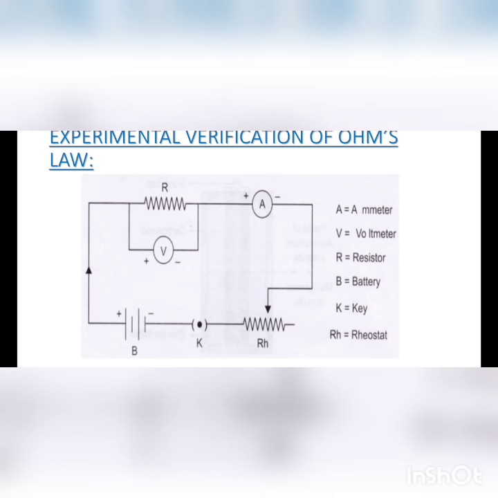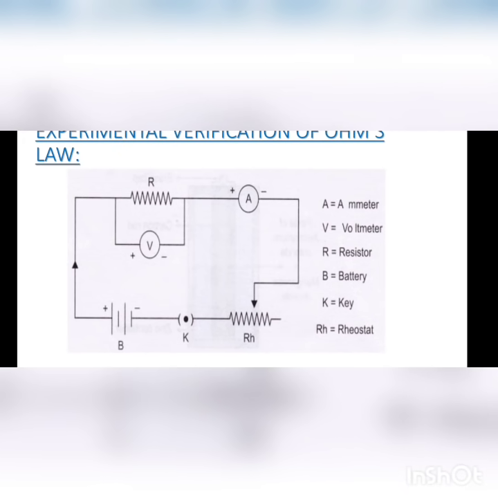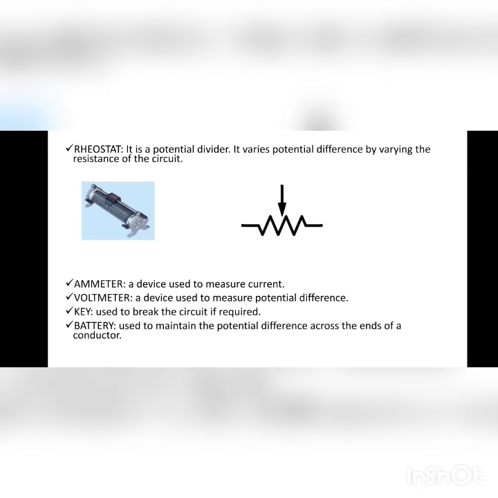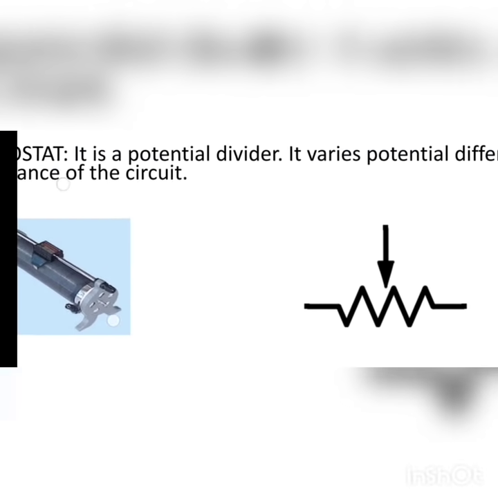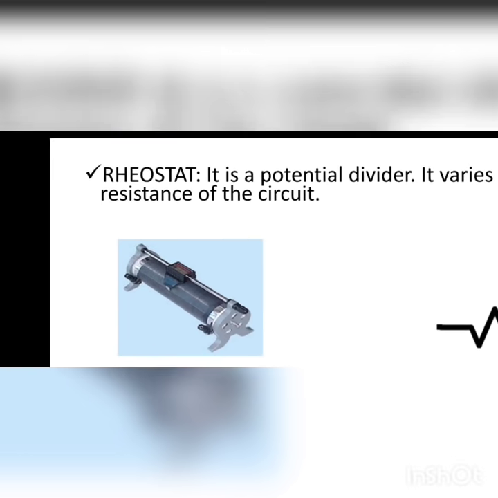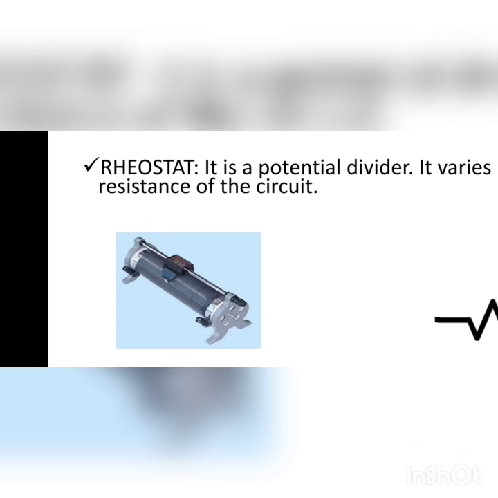So what we do in the photo given here, just see here, this is the actual rheostat which we are going to provide you in lab. You can see that there are 2 terminals, black terminals at the bottom of this rheostat, and there is one terminal on this bar.